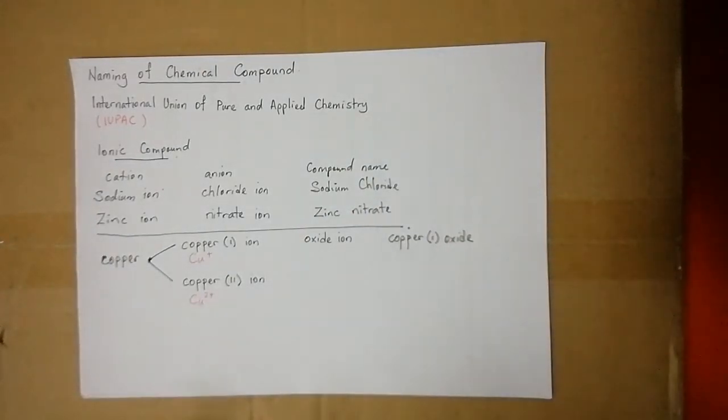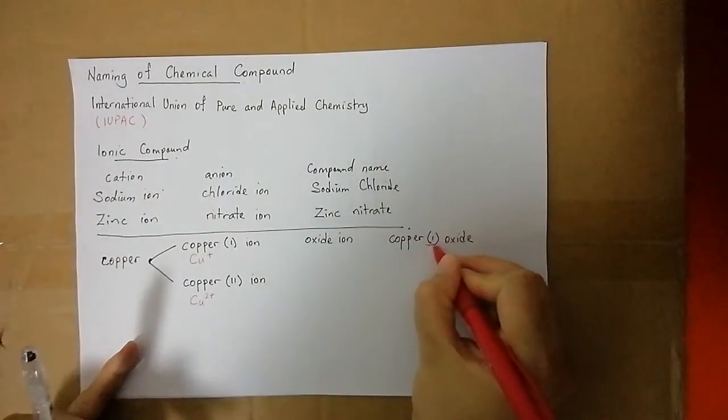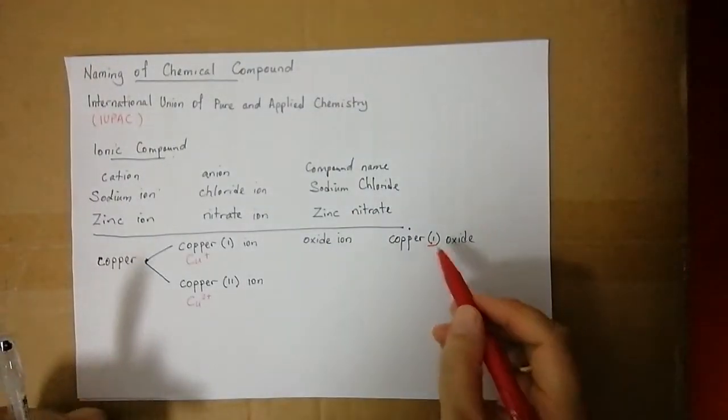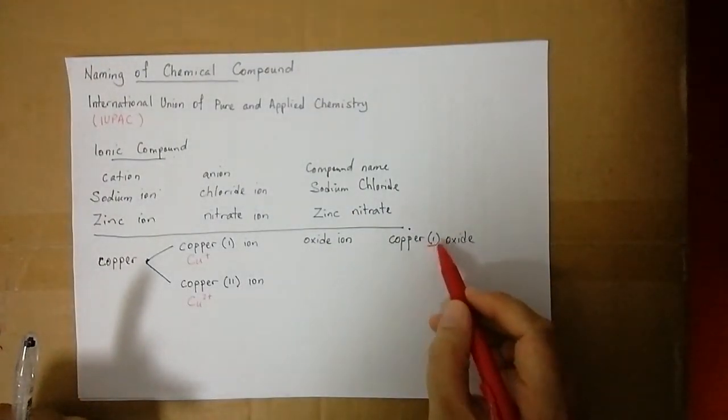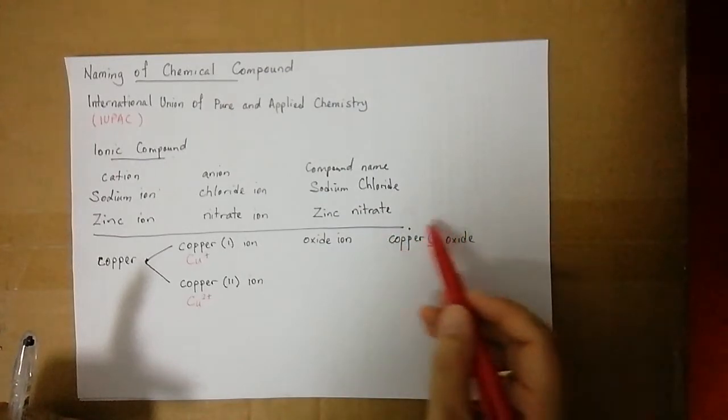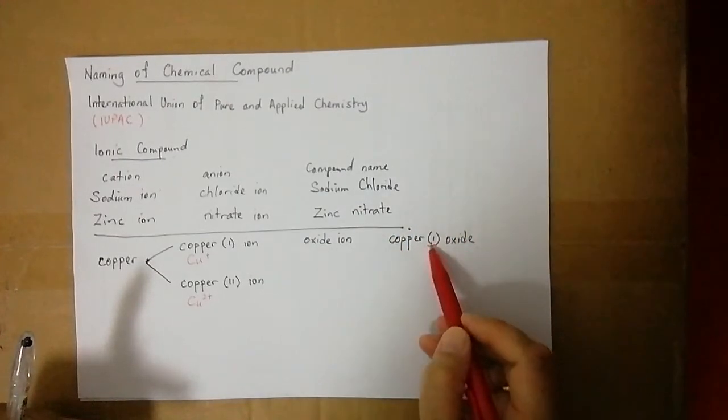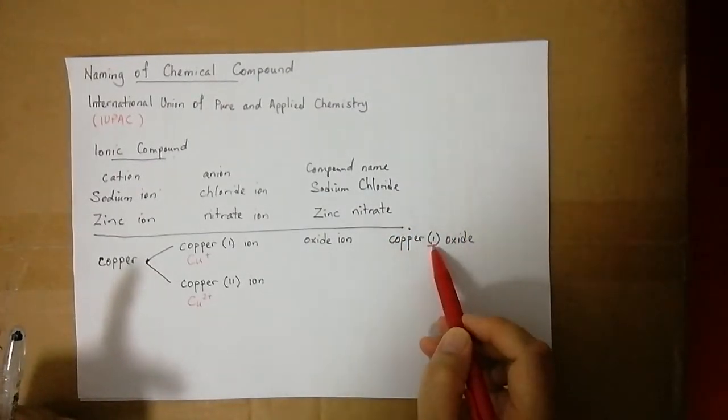Remember, the Roman numeral is very important, because when you put the Roman numeral here, we know that the copper in this compound has a 1+ charge.